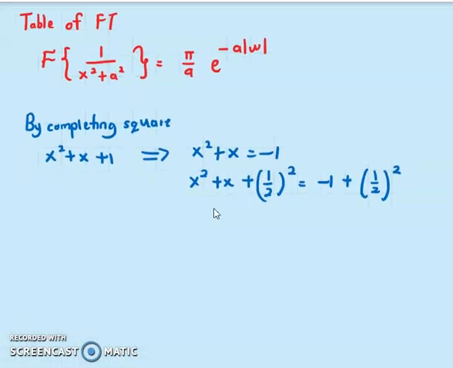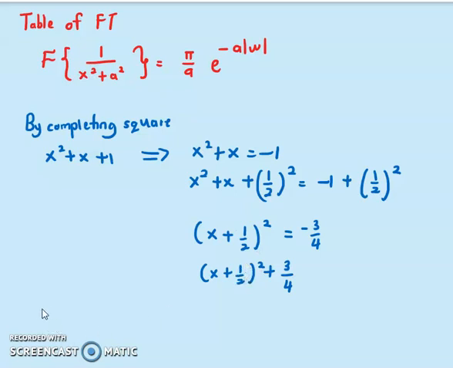Now simplifying, this will give me x plus half squared plus 3 over 4. Okay, so we have something close to that now. This is my x squared.